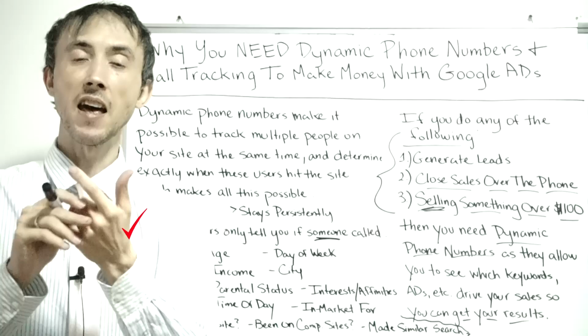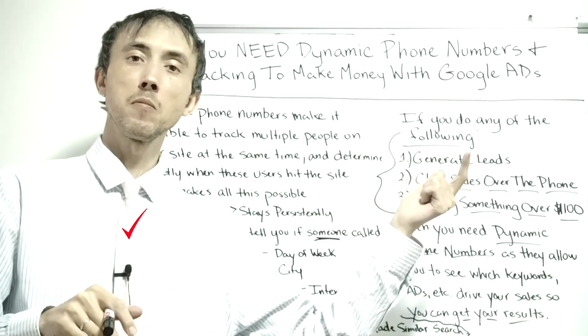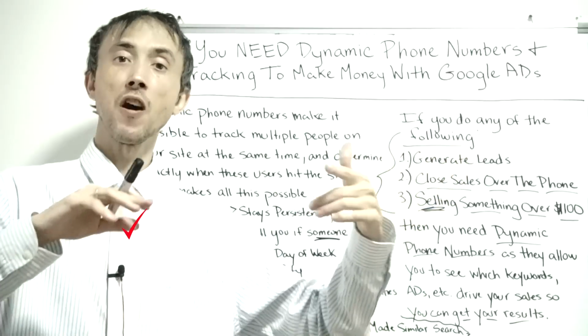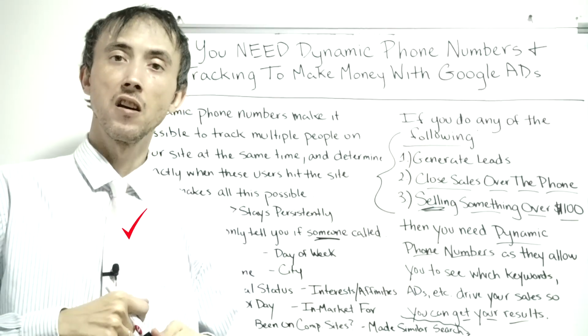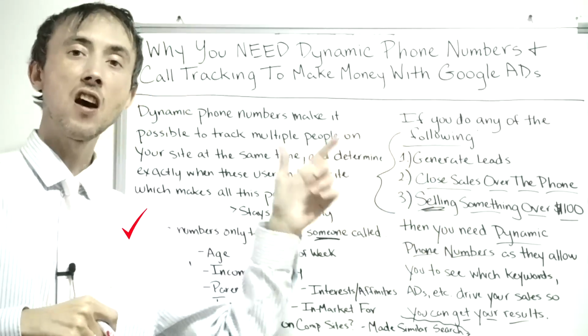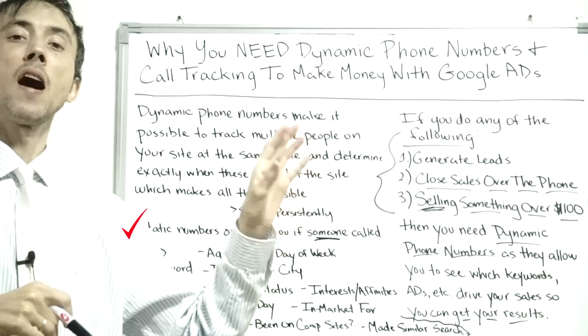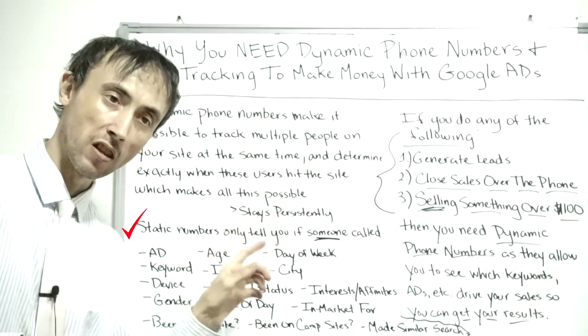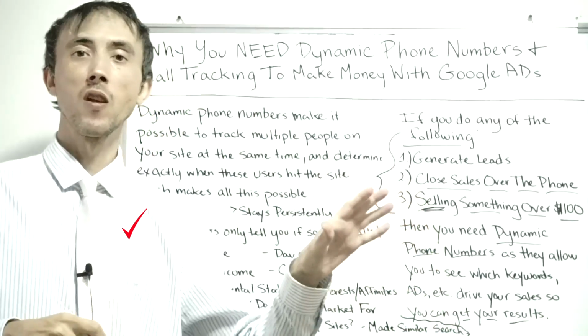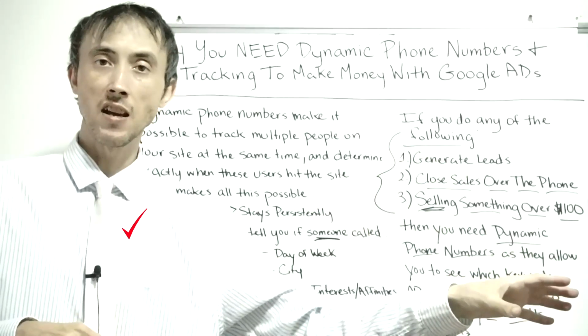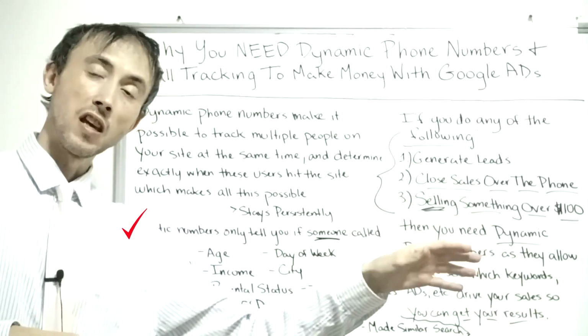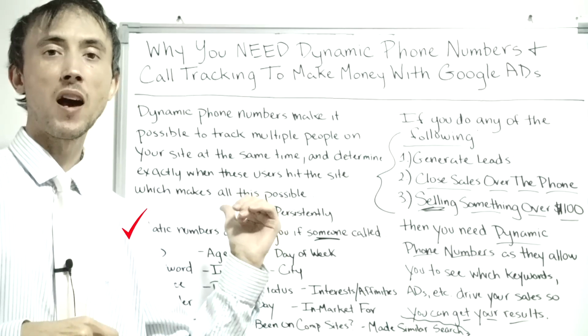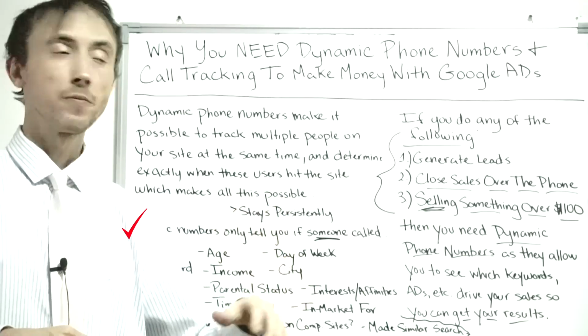You feed that number back into Google Ads through the offline conversion tracking and upload process, and then they know, oh, I know who that is. They clicked on this ad and typed in this. So even though they didn't purchase through the site shopping cart, they purchased through the phone, it still knows what ad drove the sale.